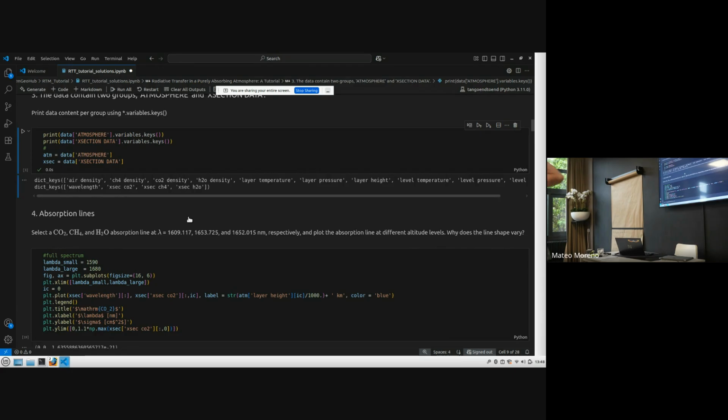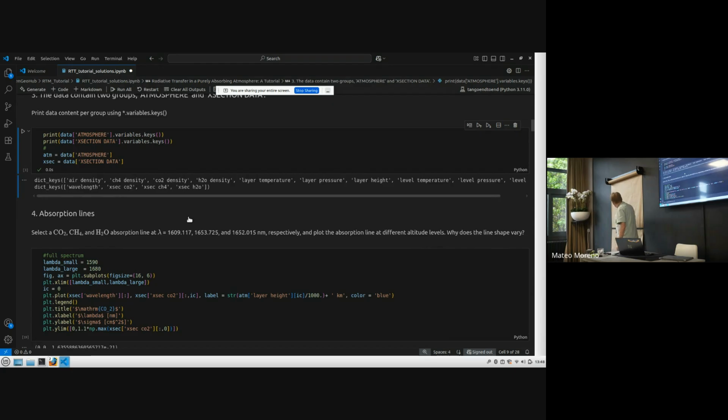Good. The next thing I want to ask you is to select the CO2, methane, and just take one species. So select the cross-section of CO2 first, methane or water vapor, and consider the absorption line.